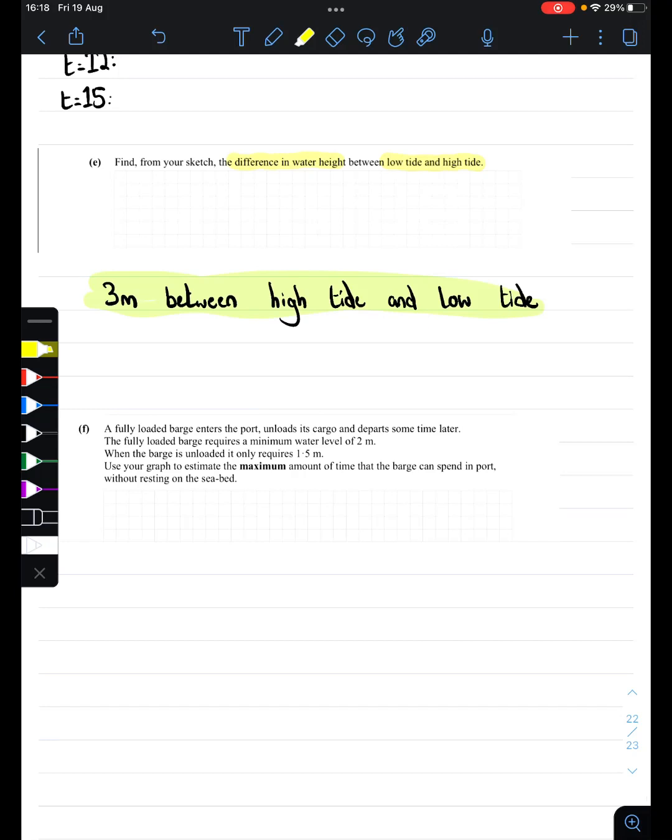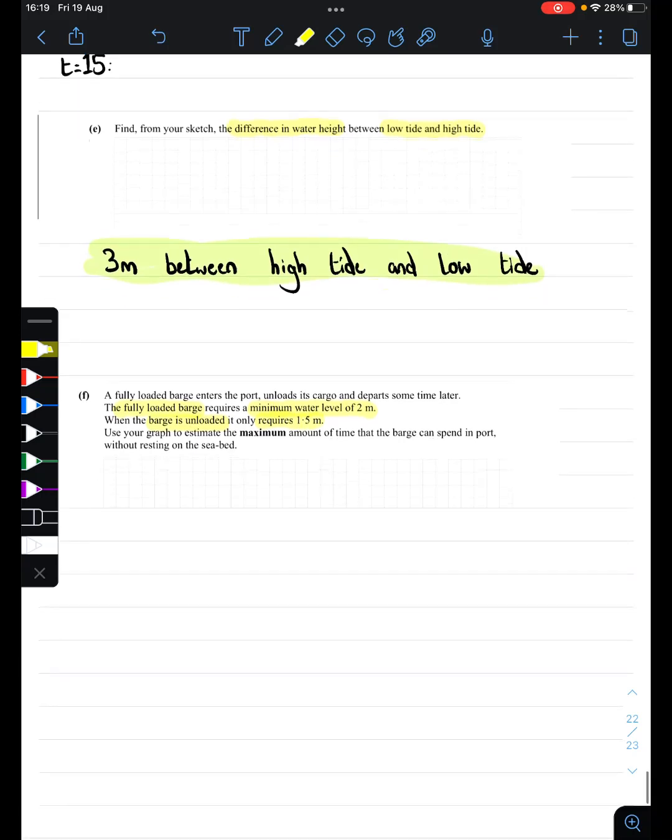A fully loaded barge enters the port, unloads its cargo, and departs some time later. The fully loaded barge requires a minimum water level of 2 meters, and when the barge is unloaded, it only requires 1.5 meters. Use your graph to estimate the maximum amount of time that the barge can spend in port without resting on the seabed.